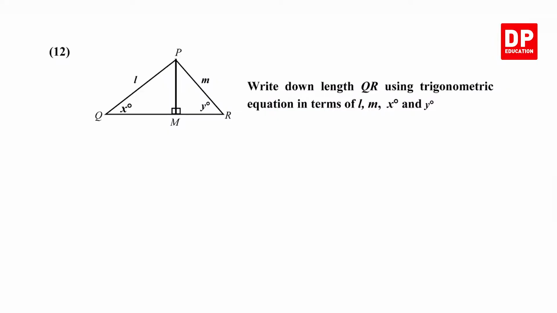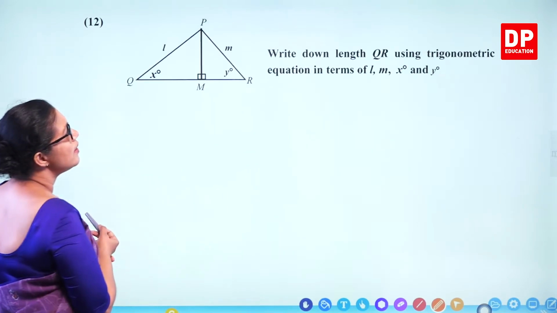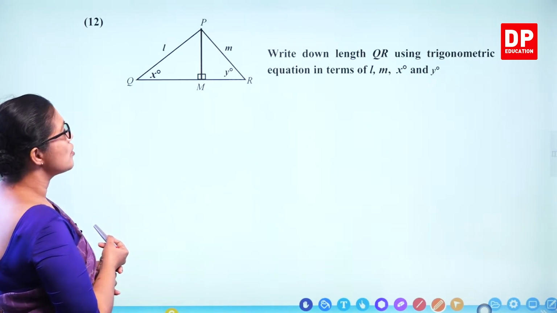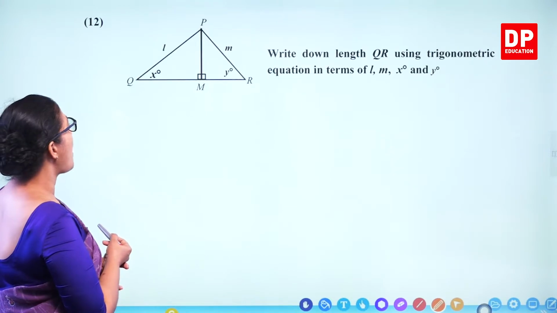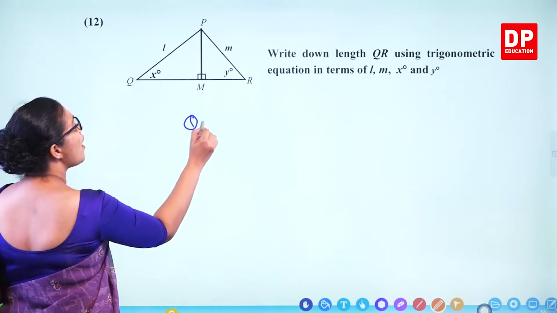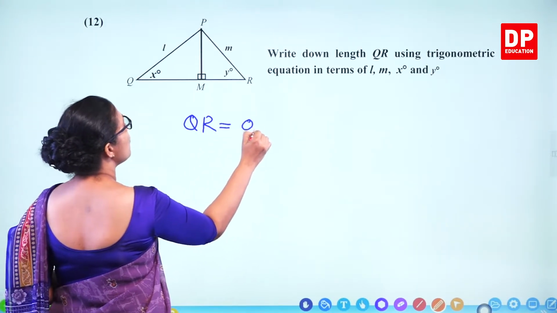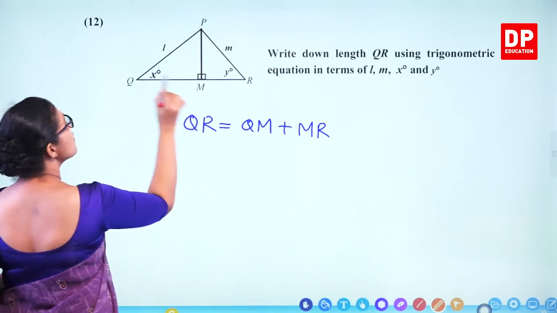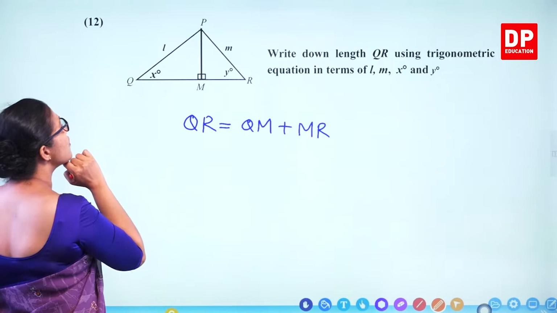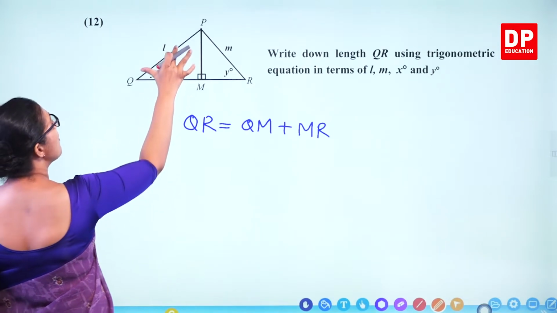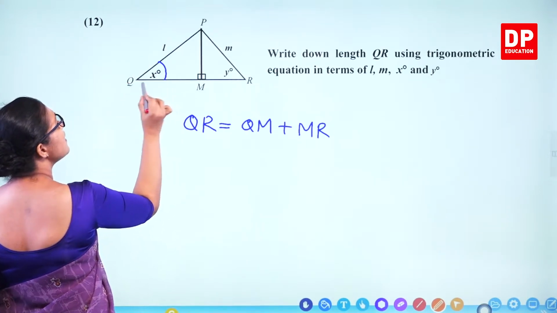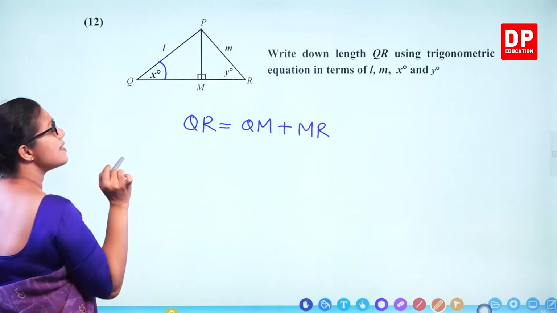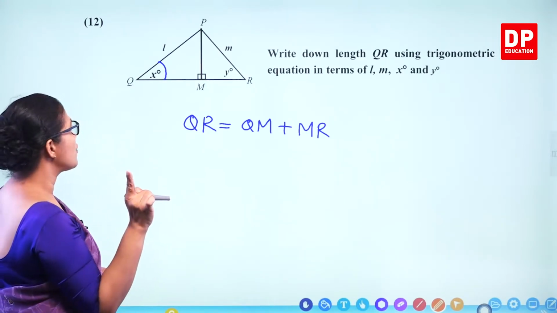Question number 12. Write down length QR. This one. Using a trigonometric equation in terms of L, M, x, y. What is QR? QM plus MR. This and this. So how do you write the trigonometric equation with QM and L? To this angle, this is the adjacent and L is the hypotenuse.